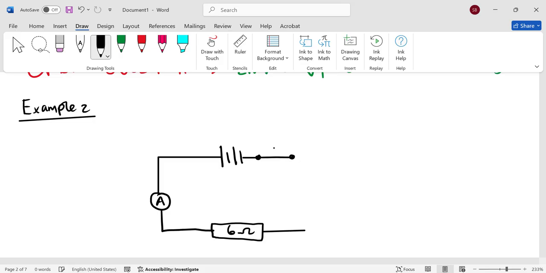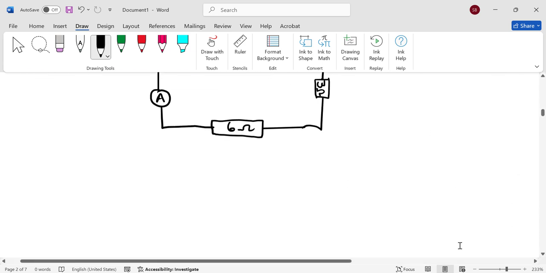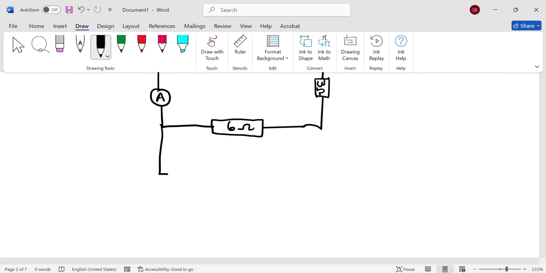This would be a switch S, and it would have another resistor here, and that would be the 3 ohm resistor. That is connected to the 6 ohm resistor. Let's just go down. There are other resistors here.